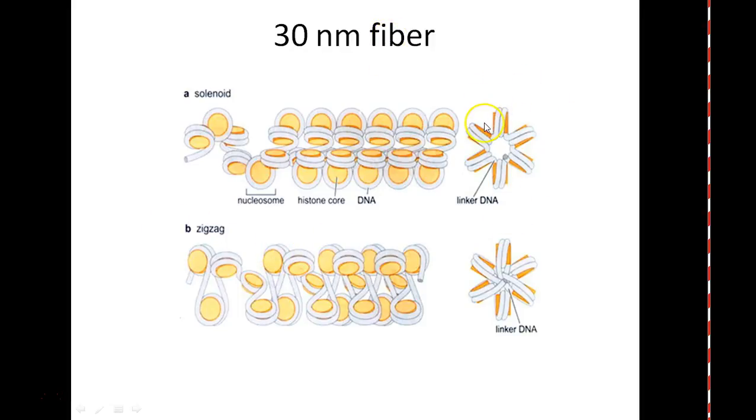In the solenoid, when you take the cross-section through the fiber, you will see an empty space here. This is how those nucleosomes are organized. Versus in the zigzag, usually there is no empty space. They are very tightly packaged and tightly folded.